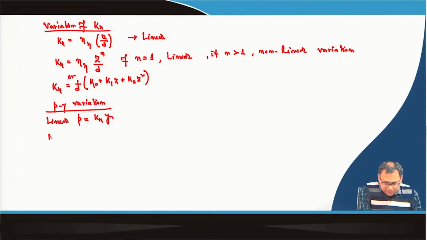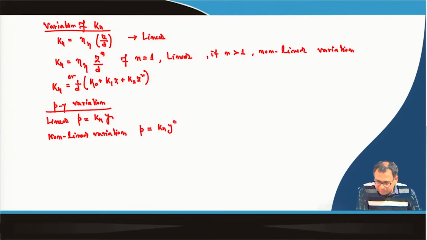Then the non-linear variation also: p is equal to kh y to the power n, or p is equal to k z to the power m y to the power n.